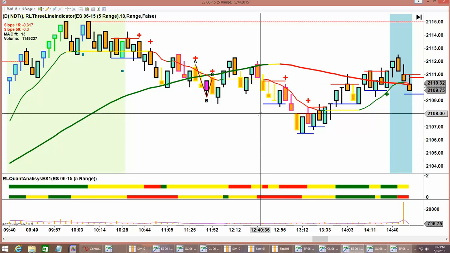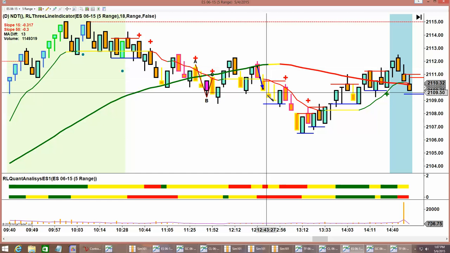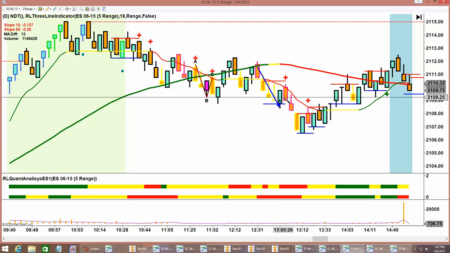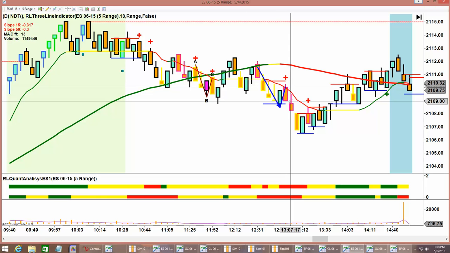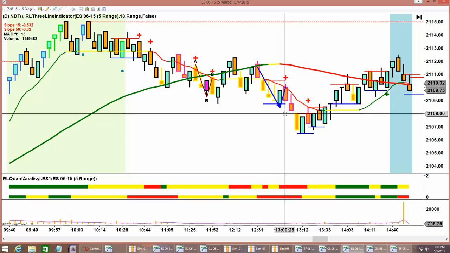Now this is a much more aggressive trade because you don't have background bias, which means that you have areas of downside support that need to be broken. But you've got your dual quant lines, so you have to ask yourself, do you feel that this is enough to break support? And if you do, then you've got a trade. But what you do have is dual quant line confirmation of the trade.